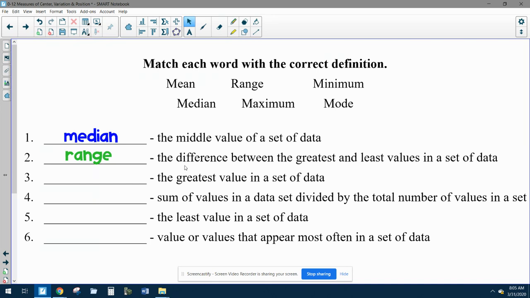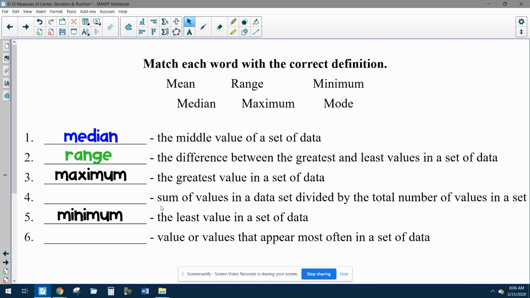In order to be able to calculate the range, we need to know, what do we call the greatest value in a data set? That would be a maximum. And I'm going to skip down here to number 5 because number 5 I see is the least value in a data set. And so if the maximum is the greatest, the least will be the minimum.